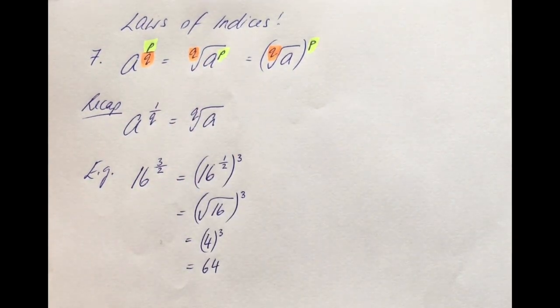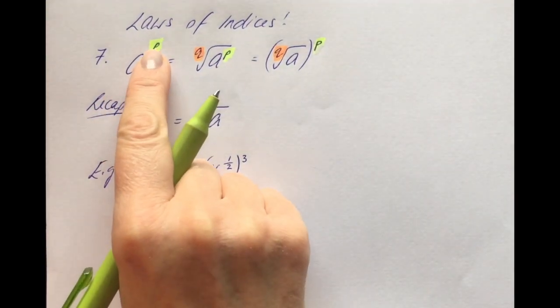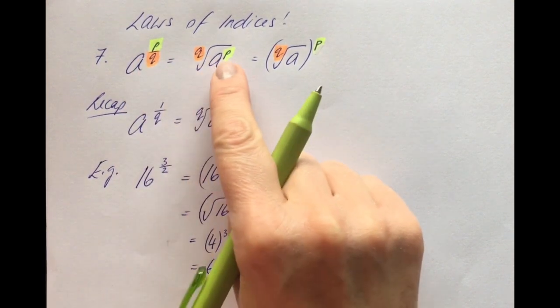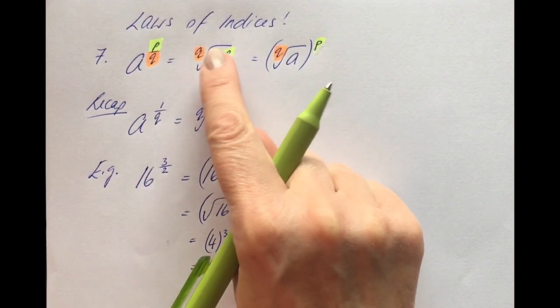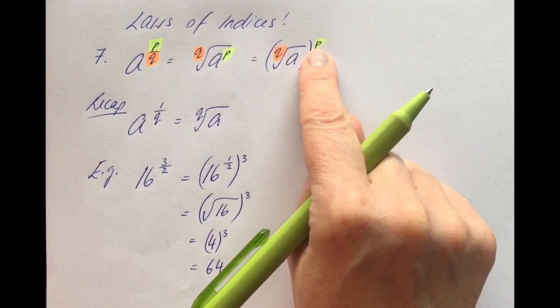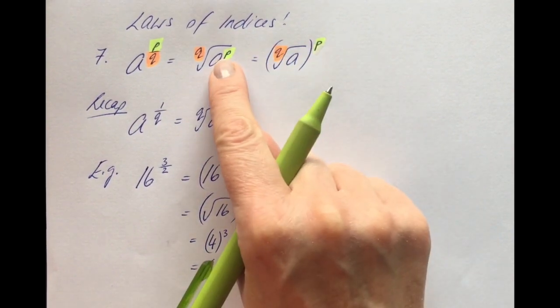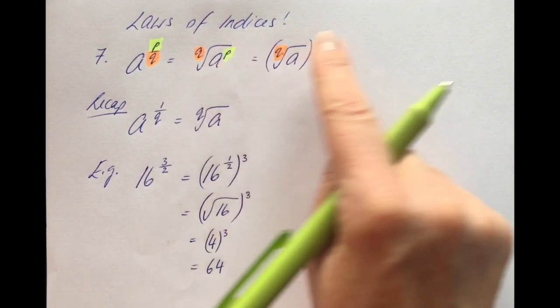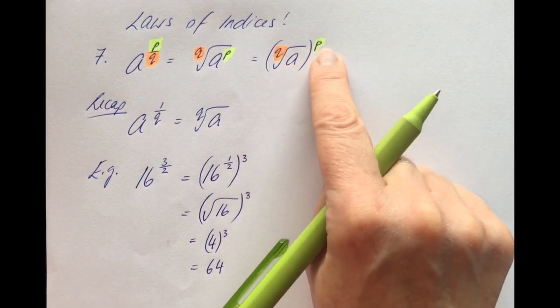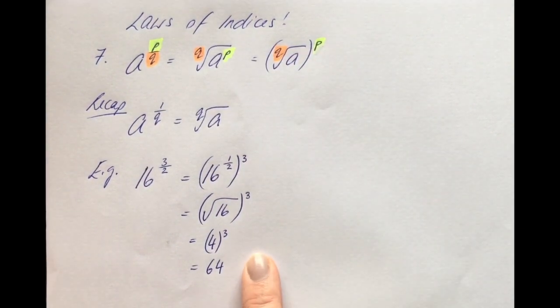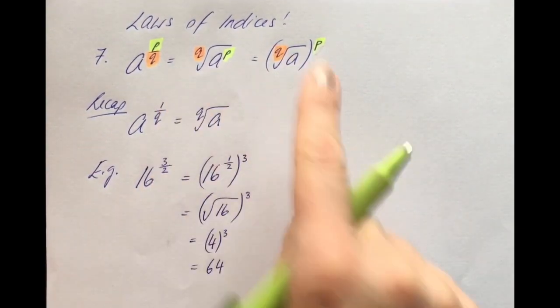Either way, it doesn't matter. So that numerator, that number on the top of the fraction, you're always going to raise the whole thing to that power, okay? So whether you raise it to the power before you root it, or whether you do the square root and then raise it to the power, either way you're going to get the same answer. And I'm going to show you that in the two ways.